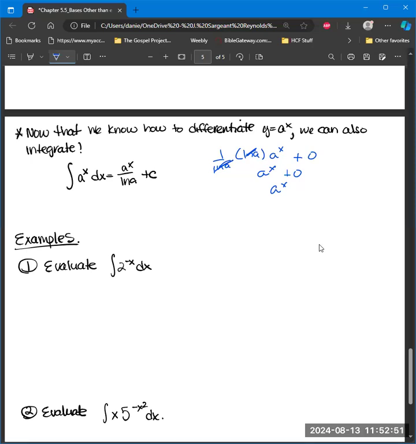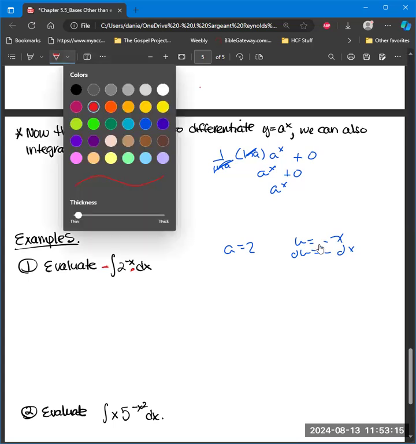So that makes sense. Don't forget that if you have the chain rule, there needs to be a du on the end. So in this case, my a is 2, my u is a negative x, so my du is a negative dx. I need to have a negative dx here. That gives me a negative out there.